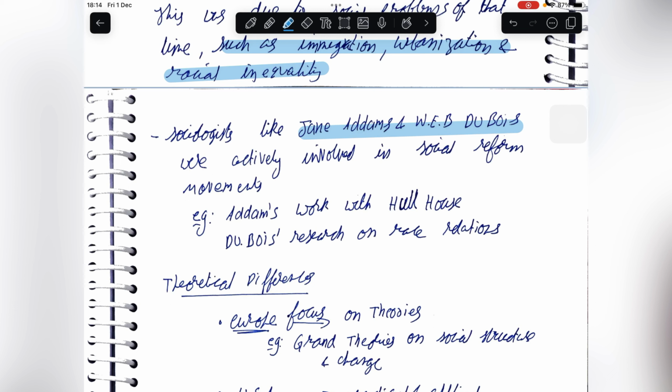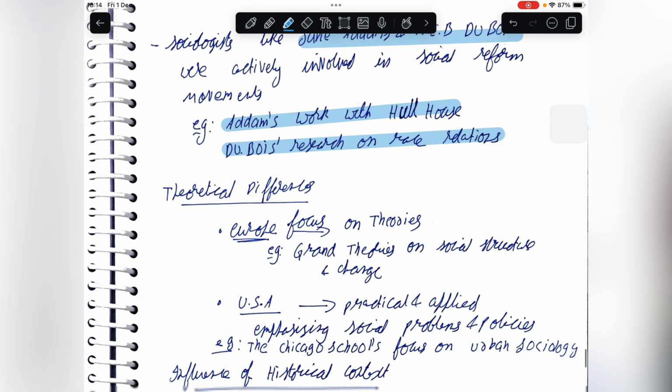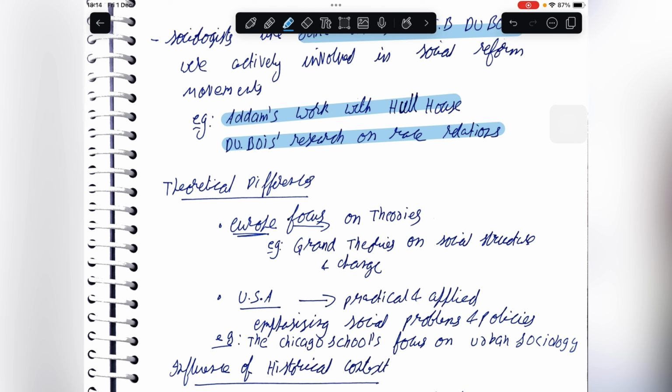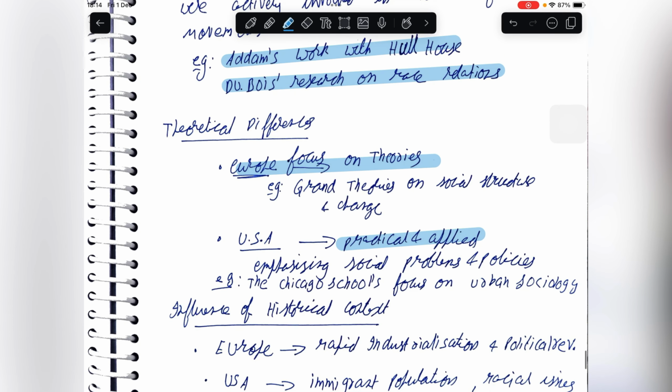You can take examples of Addams' work with Hull House and Du Bois' research on race relations. So there are some differences between Europe and the USA. Europe focuses on theories, while the USA focuses on practicality and application. So it basically emphasizes social problems and policies.